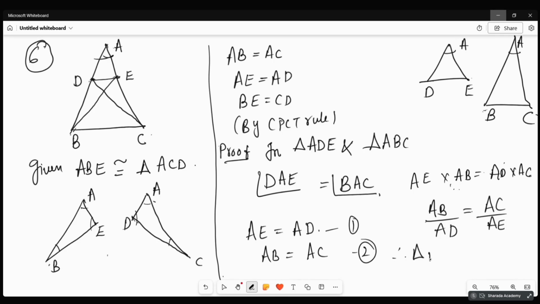That's why I can say that the two triangles are similar. Therefore, sorry, while writing it, triangle ADE is similar to triangle ABC.